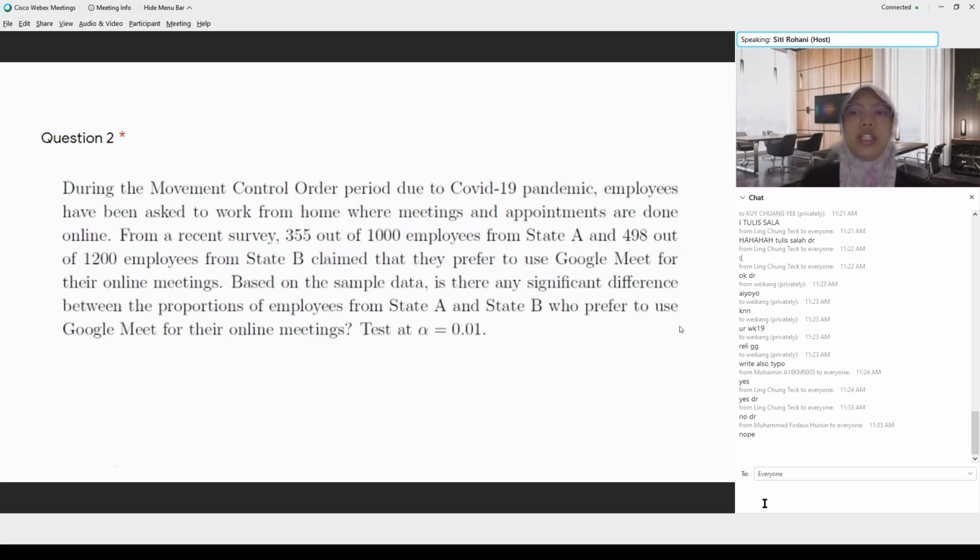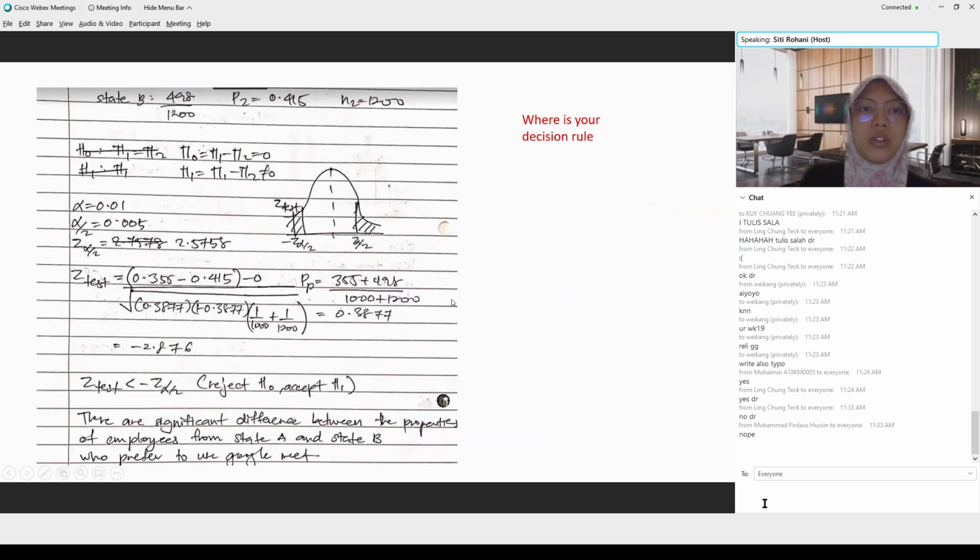Okay, so this one is also a quiz question. Most of you got full marks here, question 2, so I don't think this question would be any problem. But let's look at what mistakes your friend did. Where is your decision rule?